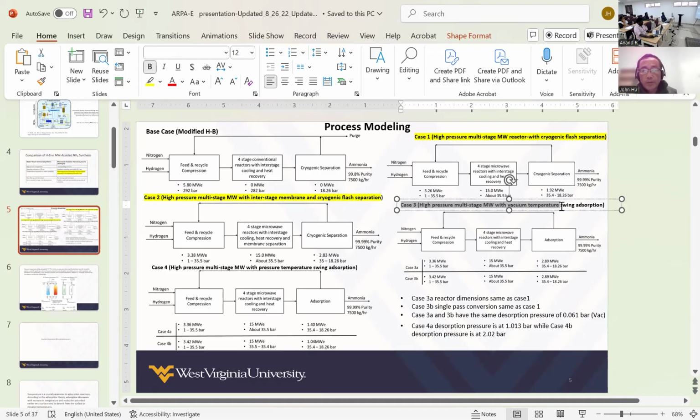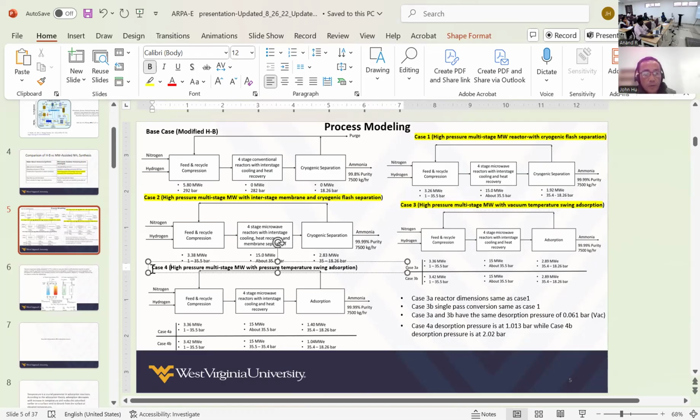Case three is the high pressure multi-stage microwave with a vacuum temperature swing adsorption. So the keyword here is vacuum temperature swing adsorption. So that's so many cases. I don't want you to remember that, but I'm going to show you one by one.